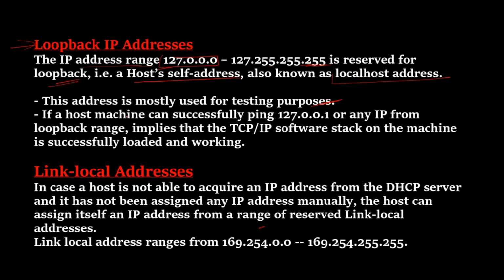And how you can use it: if your host machine can successfully ping 127.0.0.1 or any IP starting from 127, that means your TCP/IP software stack is successfully loaded and working on your machine. So what does TCP/IP software stack mean? In our machine, we have the NIC, the RJ45 port or any port, or in the Wi-Fi case, the Wi-Fi NIC, the Wi-Fi adapter.